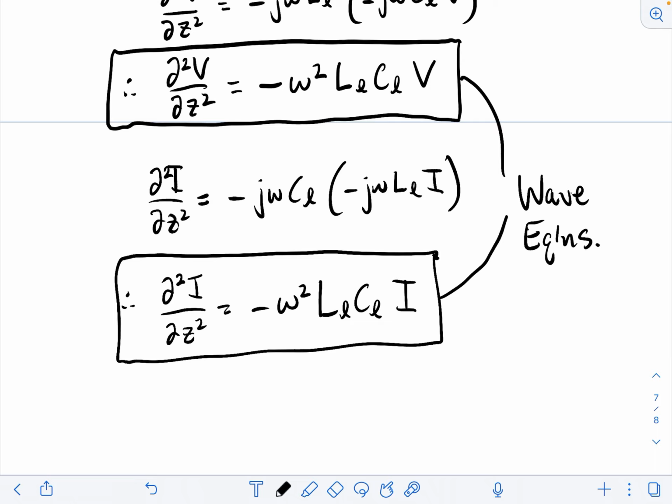Okay, so what we're going to do is try to guess a solution to these wave equations. If we look at the voltage equation, we take two position derivatives of the voltage, and then we get the voltage back again times a constant with a negative sign. So when we think of taking derivatives and getting the same function back again, that leads you to think of exponentials.